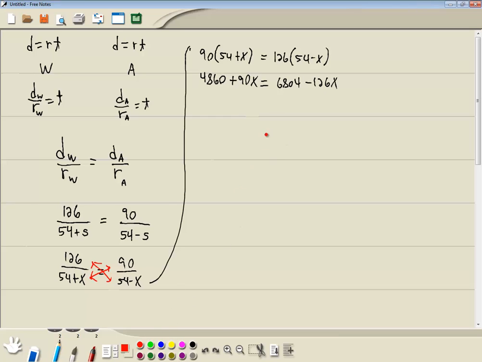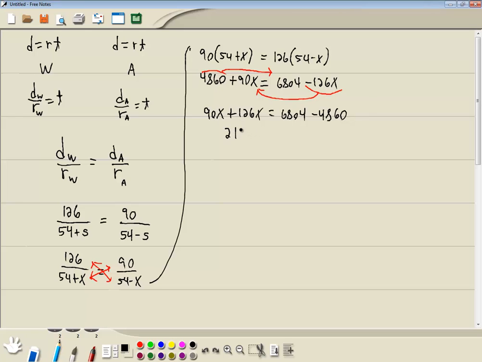Now I want to get everything with an x on one side and numbers on the other side, so I'll take negative 126x over here and take 4860 over here. So I have everything with x on the left side. So we got 90x plus 126x equals 6804 minus 4860.